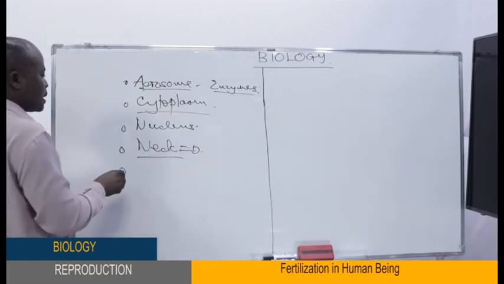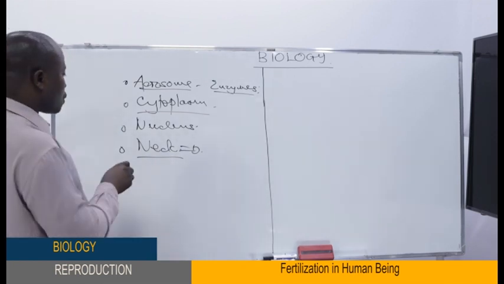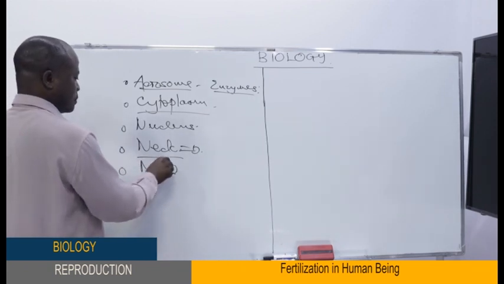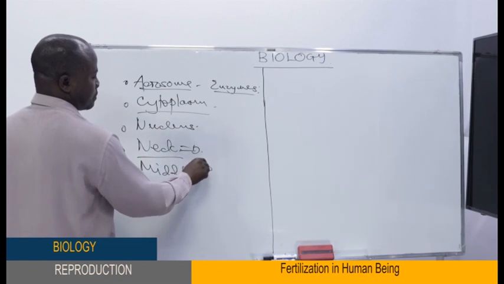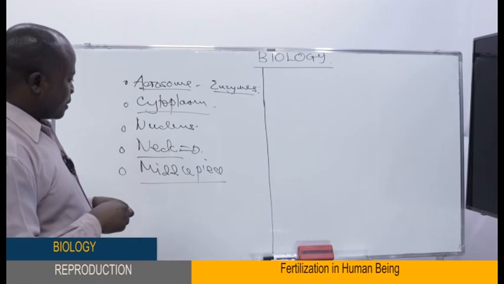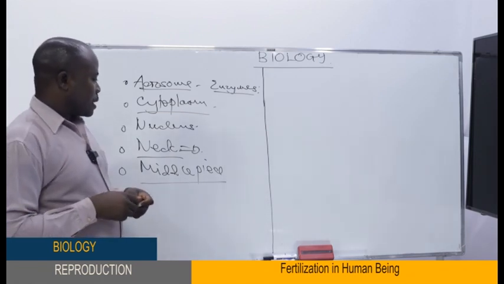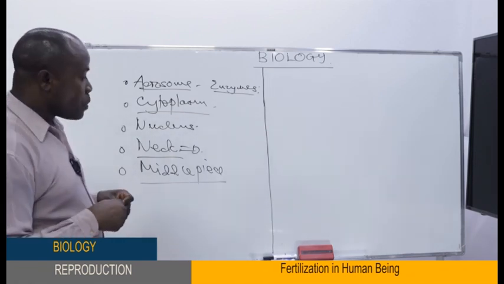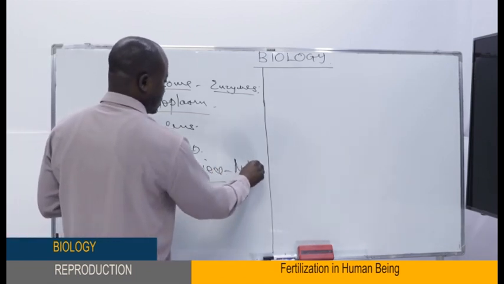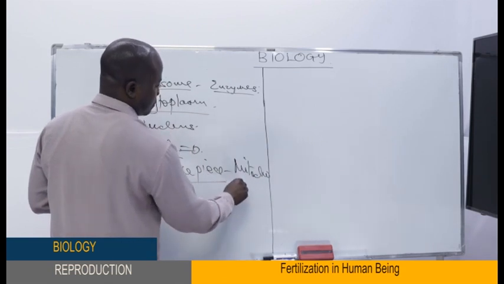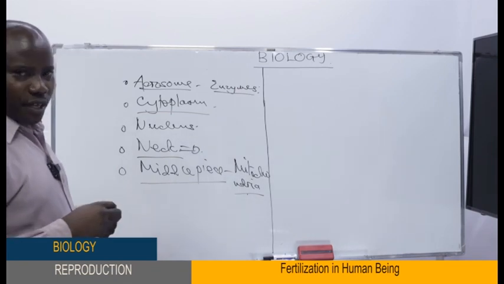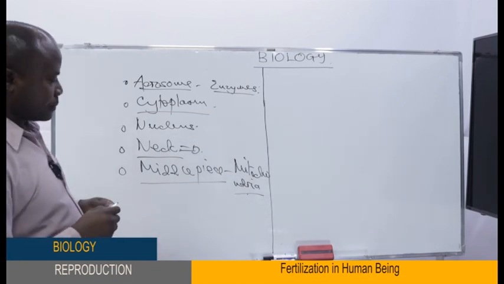But also, you have to consider the role of the middle piece. We also know that the middle piece contains mitochondria. What is the role of mitochondria for fertilization?